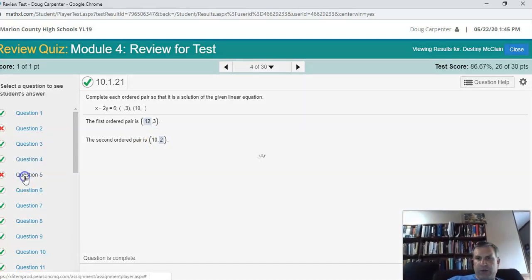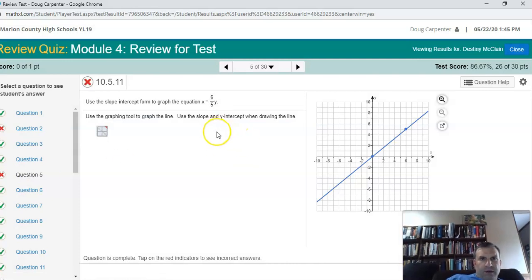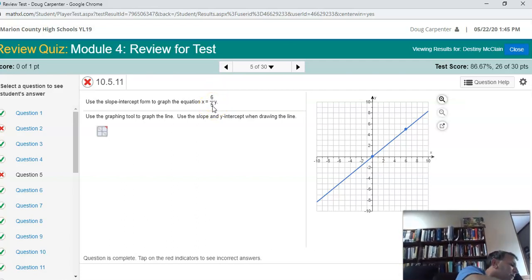Okay, question 5. They want me to graph this line. Well, I have to get y by itself. So when I do that, I get x is equal to 6 over 5y.